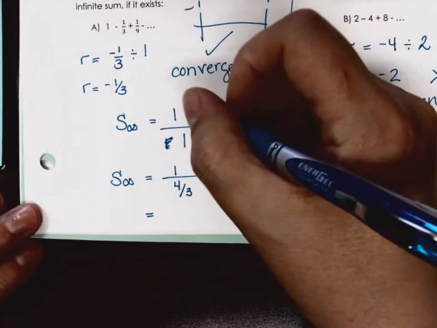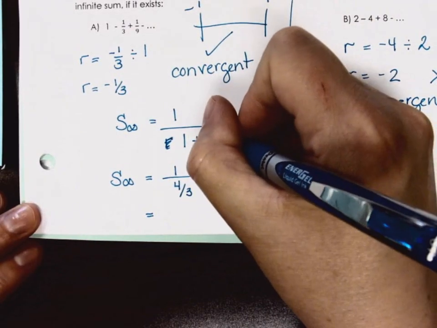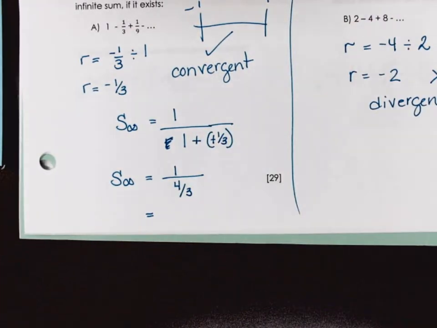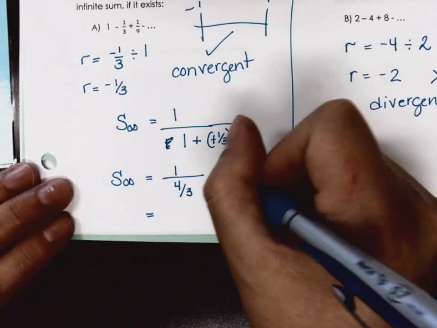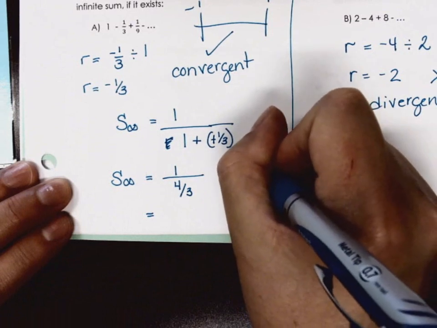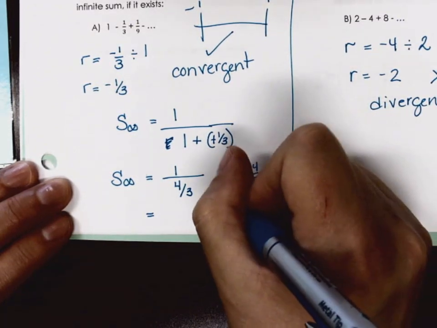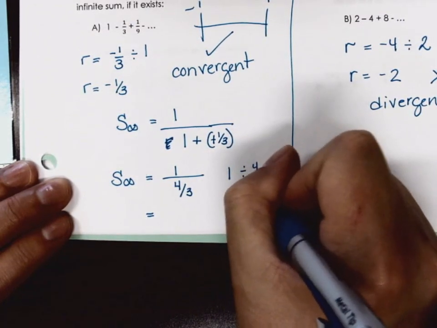So when I have a negative sign, it turns into add the opposite, right? And when I add fractions, what do I need? Common denominator. So that full value of 1 turns into 3/3, and so I'm going to have 4/3 here. So this is really like saying 1 divided by 4/3. We're going to go 1 times the reciprocal.